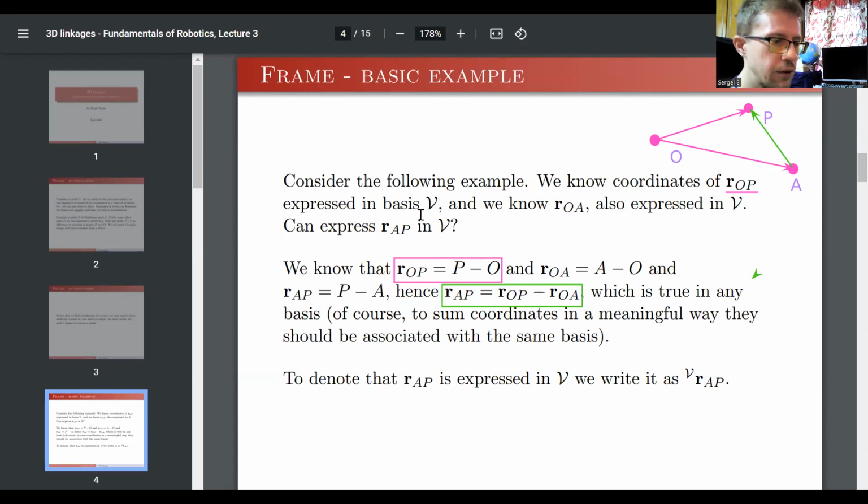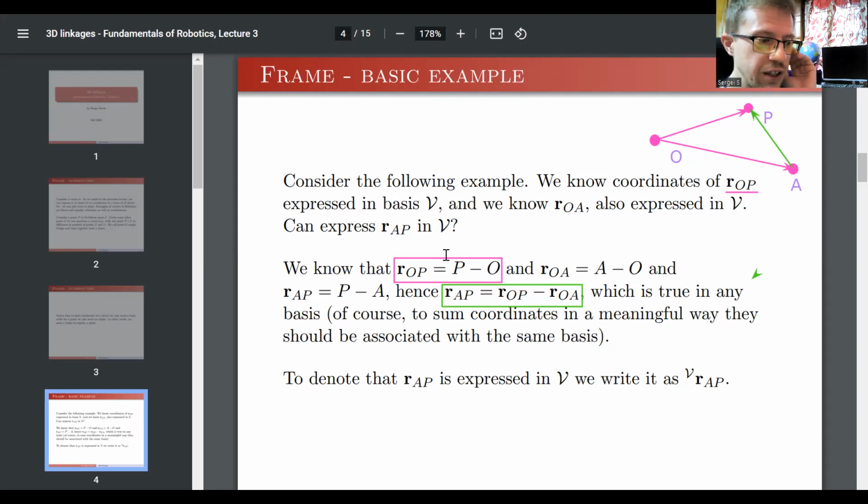Am I right that we started to think that vectors have a direction and some length, and then using several notations like R subscript AP or expressed in terms of V basis, we just intentionally add new information that we wanted to keep track of.